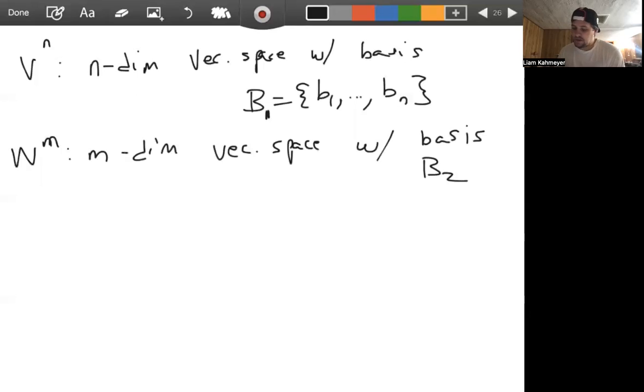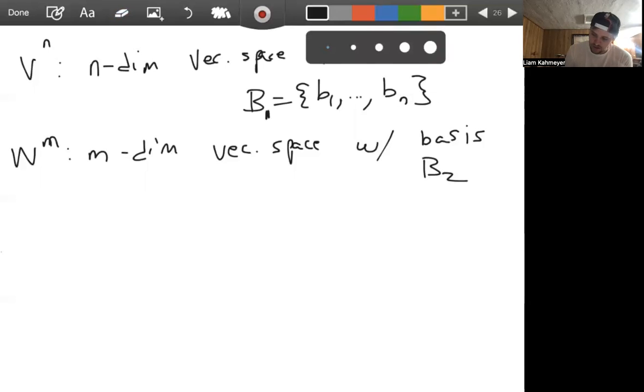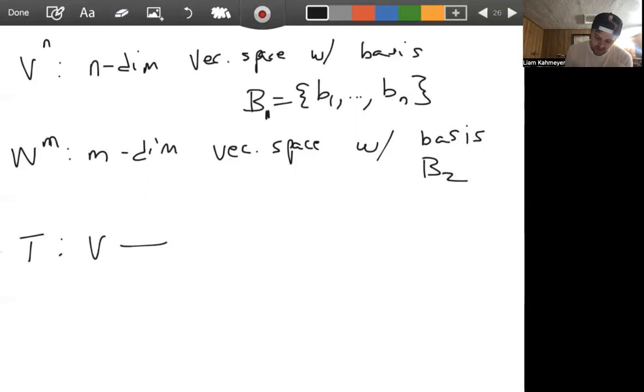Now, the next theorem shows us how we can compute the matrix that represents a given linear transformation. So, theorem. Well, maybe before I state the theorem, let's state a few more prerequisites here. So we're going to be considering T from V to W. This is going to be a linear transformation.